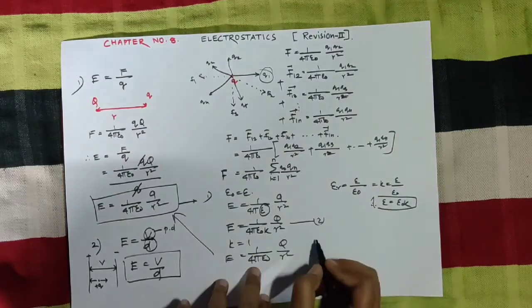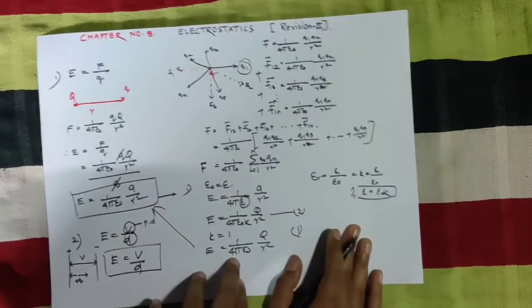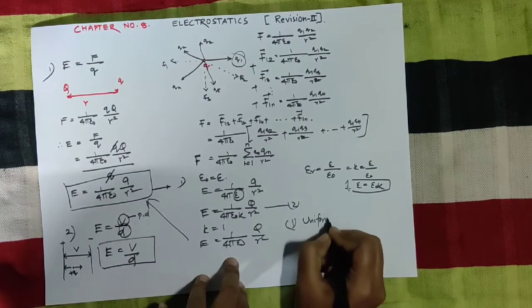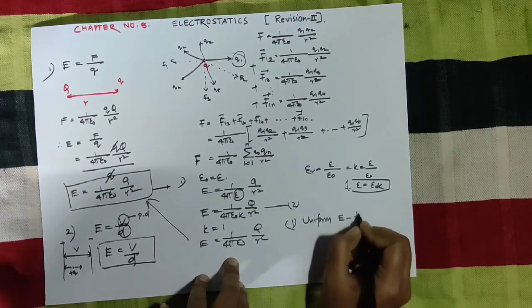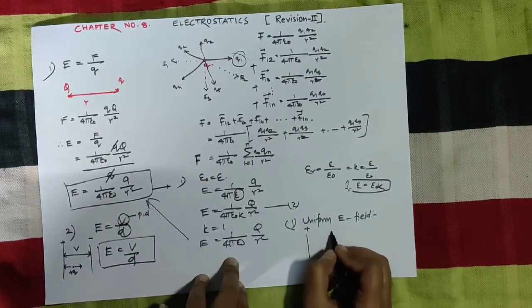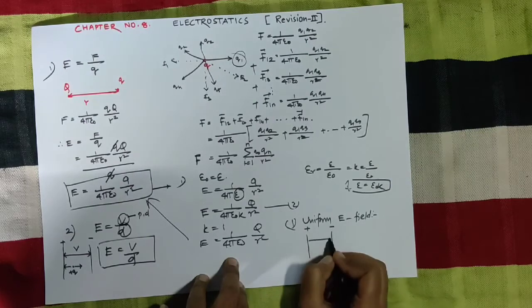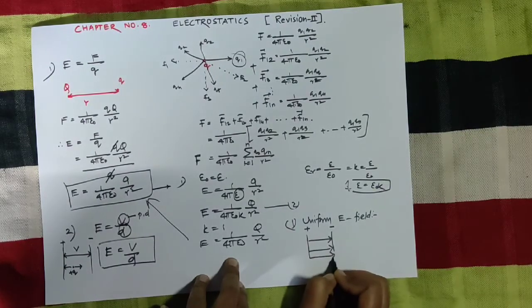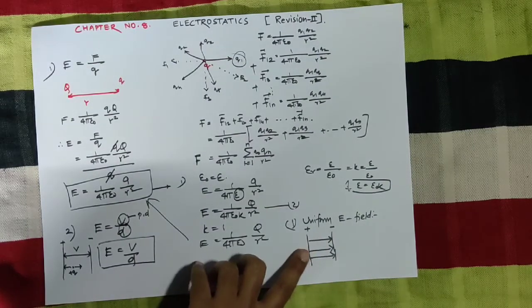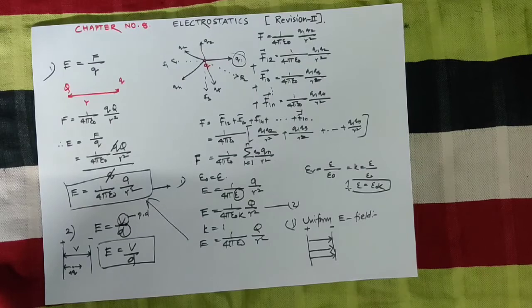So the first type is uniform electric field. That means suppose you have considered a positive plate and a negative plate and all the charges are distributed from positive to negative in a parallel direction, then we can consider it a uniform electric field, whose magnitude and direction is the same at all the points.